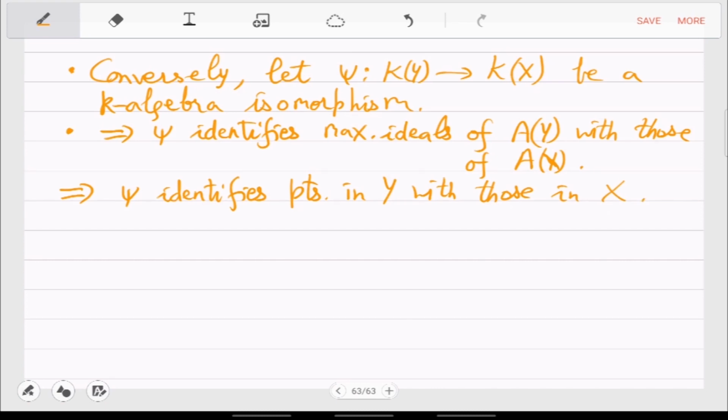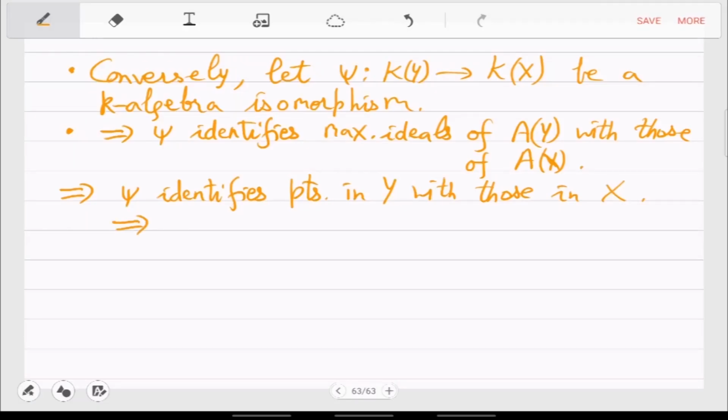Once you have an isomorphism at the level of the field, you get an association between max ideals, which means that you actually have association at the level of points. Okay, so Y to X you have this. And I think you don't need isomorphism. For homomorphism you will get a similar thing, but the identification will only be one-sided.